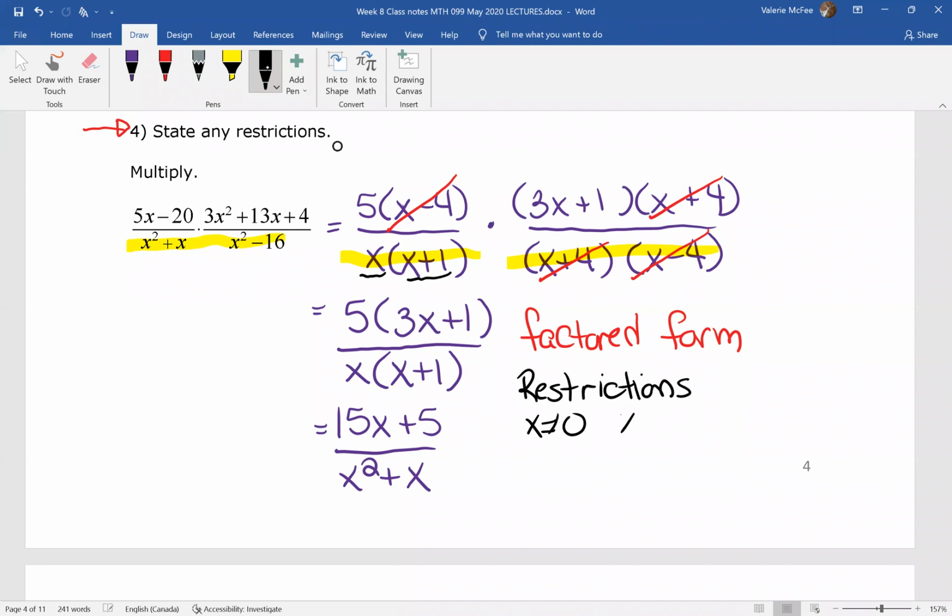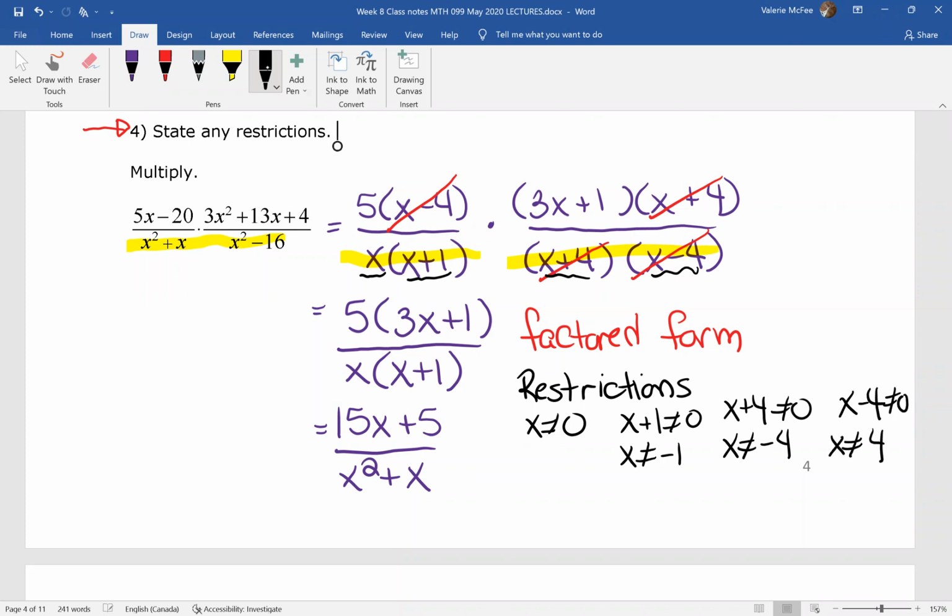Our next factor, x plus 1 cannot equal 0, so x cannot equal -1. This factor here, x plus 4 cannot equal 0, so x cannot equal -4. And x minus 4 cannot equal 0, so x cannot equal 4. You can see for this question, we have 4 restrictions, even though in our simplified form, only 2 of those factors remained.